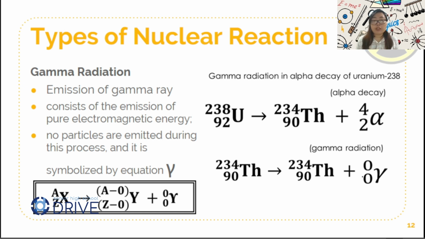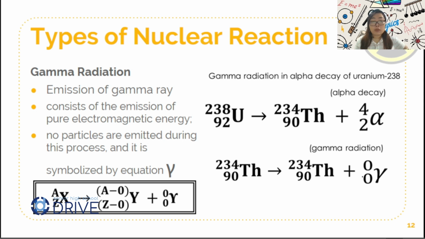So take a look at this example. Let's say we have uranium-238, which undergoes an alpha decay. Okay? It becomes thorium-234. Now, thorium-234, because it still has excess energy in the nucleus, may also undergo gamma radiation. And it becomes a more stable isotope or a more stable nucleus of uranium-234.